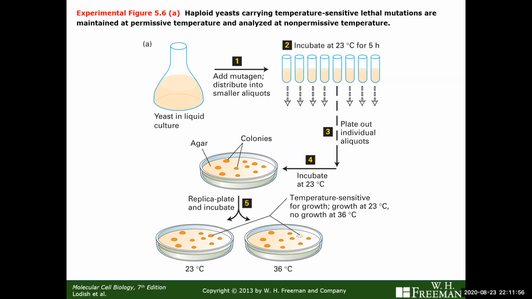Those that failed to grow at an elevated temperature, both in the presence of glucose and in the presence of galactose, are not specifically defective for galactose metabolism because they could not grow in the presence of glucose as well at an elevated temperature. They are temperature sensitive, all right, but they are not temperature sensitive for galactose metabolism.